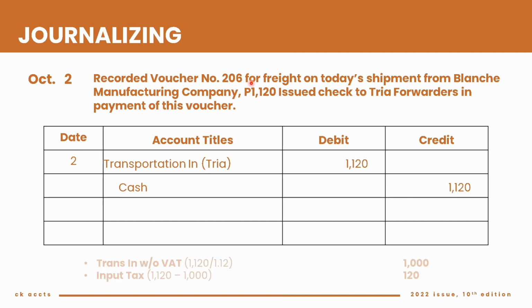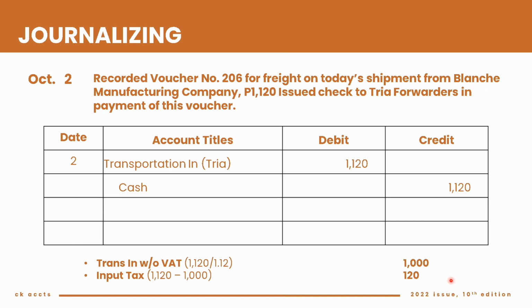So, ang gagawin natin, we have to get the trans-in without VAT. So, that is 1,120 divided by 1.12. So, ang sagot ay 1,000. Then, we get the input tax. That's 1,120 minus 1,000 is equals to 120 pesos. So, ganyan yung gagawin natin.